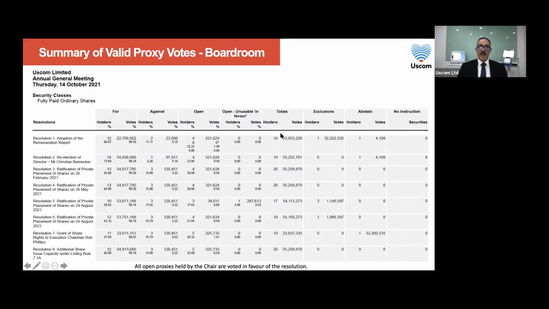For the purposes of ASX Listing Rule 7.4 and for all other purposes, the issue of the 200,000 shares at the issue price of 12.5 cents per share on the 24th of August 2021 to the person identified and on the terms described in the explanatory statement, which forms part of the notice of meeting, be approved.